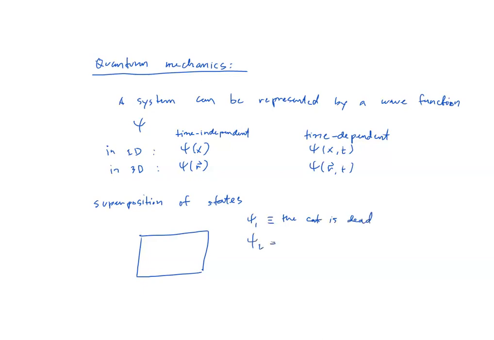Psi 2, cat is alive. Now, since hindi mo pa na-open, unopened muna yung box, we have to describe the wave function of your cat. The total wave function is actually the sum of these two wave functions.